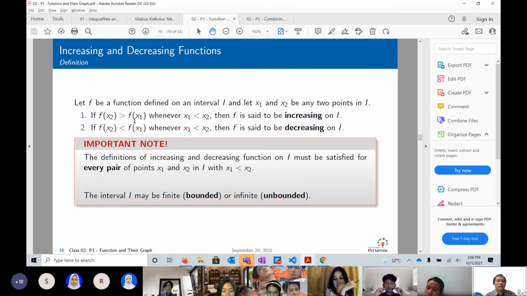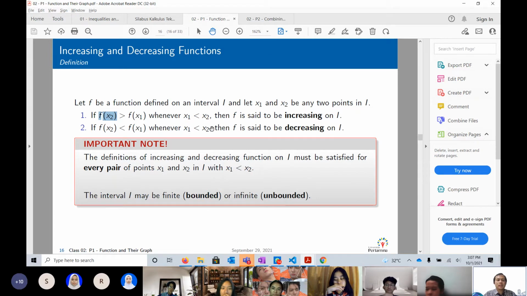So if x1 is less than x2, and the value of f of x1 is less than the value of f of x2, then the function is called an increasing function on this interval. But if it is the other way around, then the function is said to be decreasing.